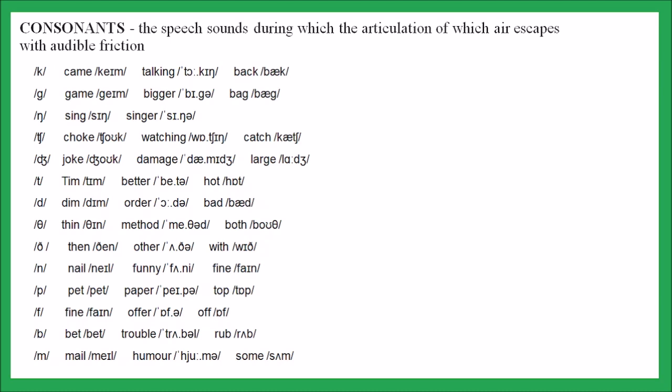Okay. So here again, I have reordered the consonant sounds to match with the letter system of our Indian languages. So the first one, k sound, as in came, talking, back. We know in Malayalam or in most Indian languages, 5 categories of letters are there: Kharam, Adhikaram, Mrudu, Khosham, Anunasikam.